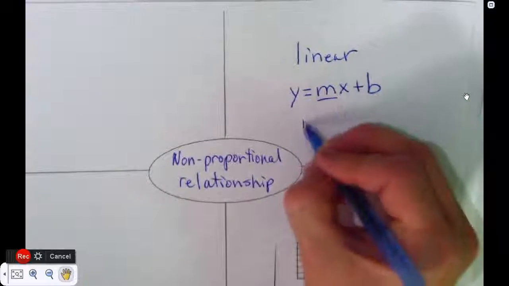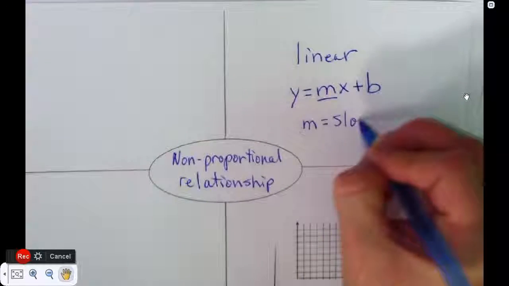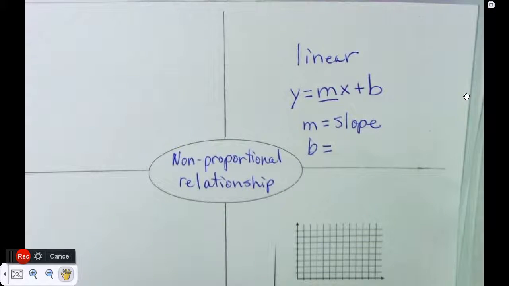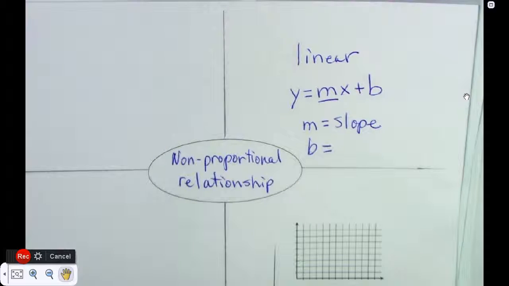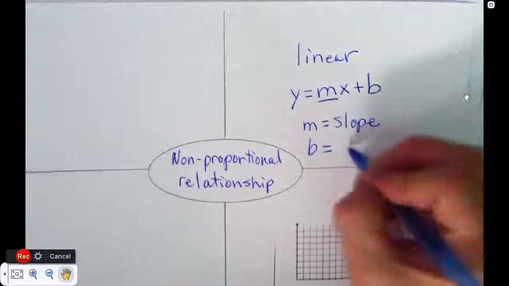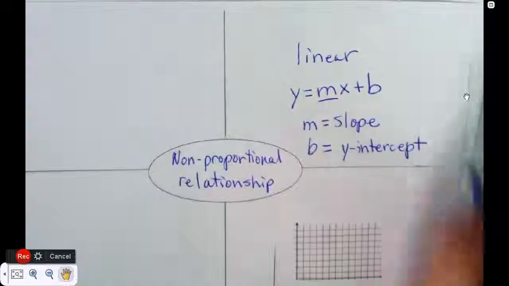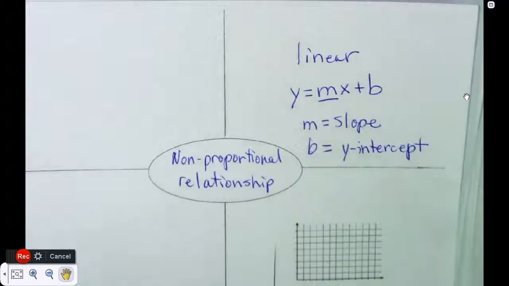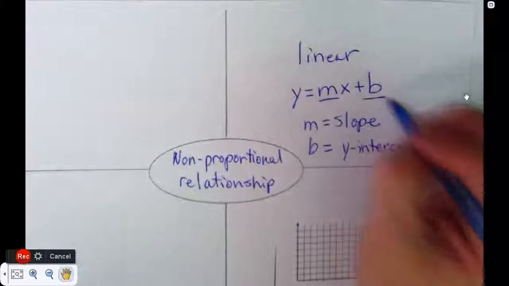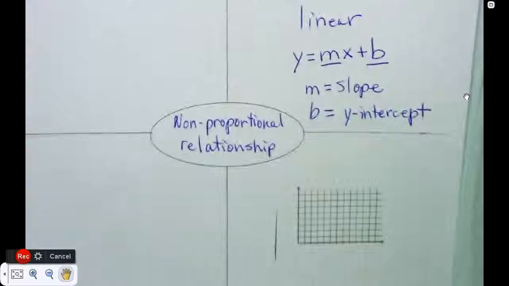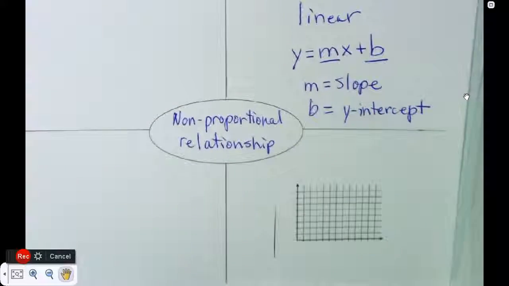What does the M stand for? Raise your hand when you know what the B stands for. Hayden. Yep. Good job. We all should know that now. M is the slope, B is the y-intercept. Is everybody getting that?